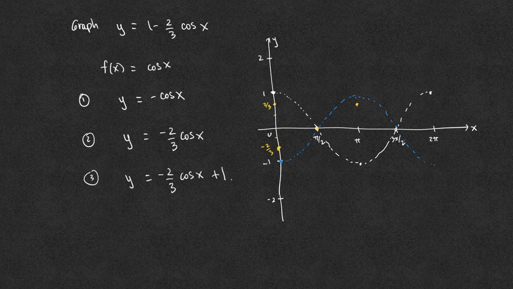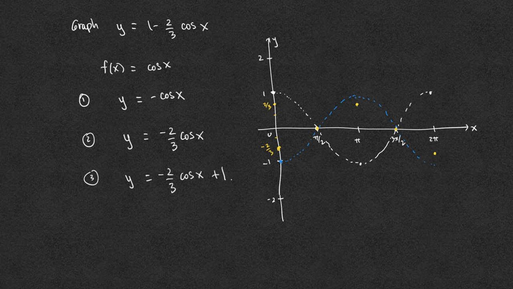At x equals 3 pi over 2, y equals 0, and so 2/3 of 0 is 0. And when x equals 2 pi, the y value of the blue graph is negative 1, and we shrink it by a factor of 2/3, and so the y value is now negative 2/3.